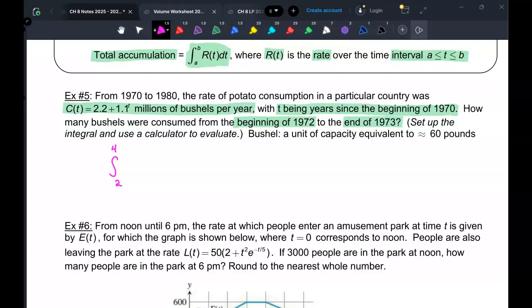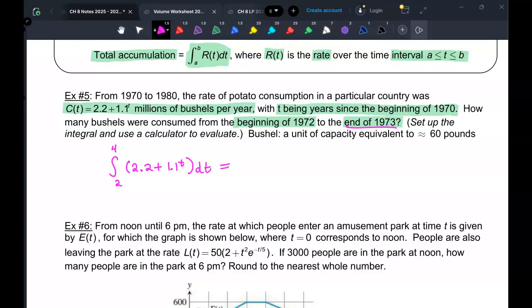So we have to adjust our time interval accordingly. If I had asked from 1975 to 1980, we would want from 5 to 10. What we're basically saying is the rate changes depending on the year.